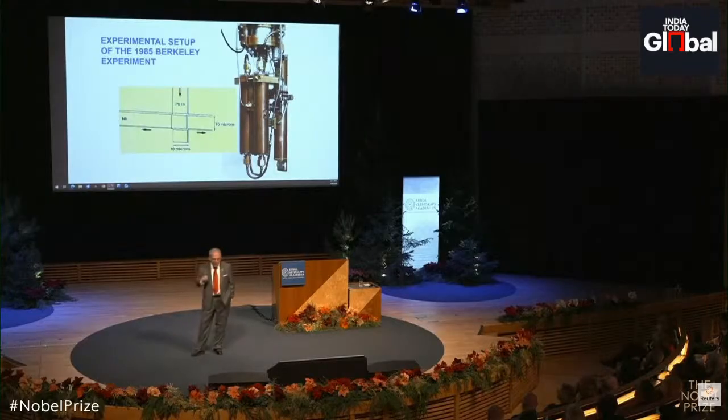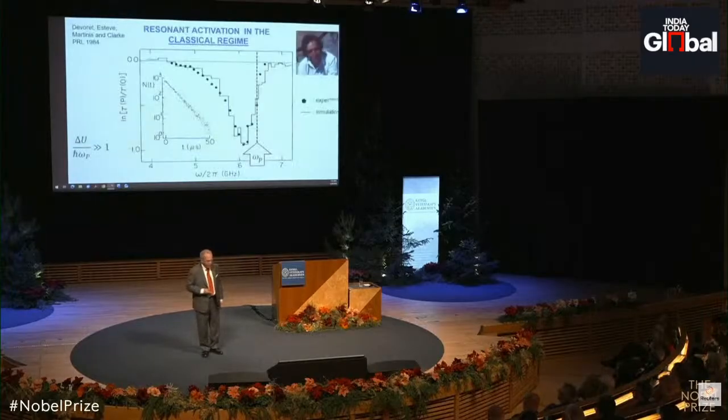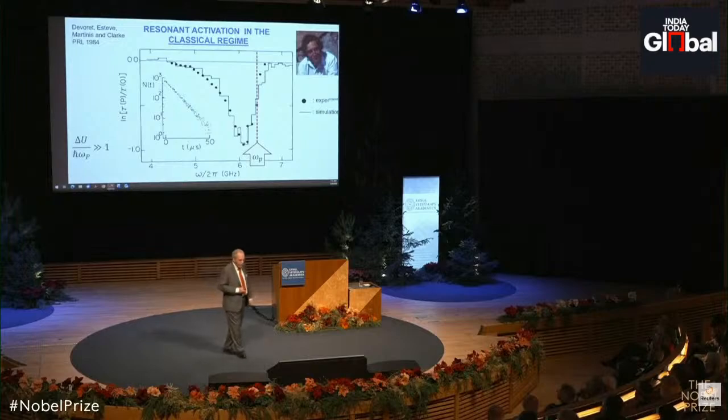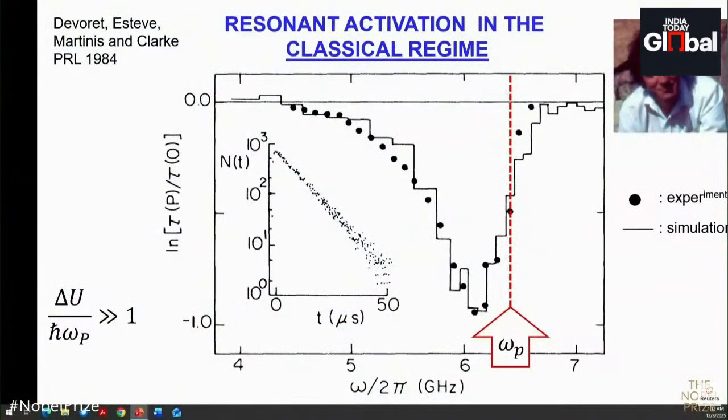In this experiment, we narrow the bandwidth to a kilohertz, and we have to filter out every other part of the spectrum. As I said, it was important to measure all the parameters of the system in situ.